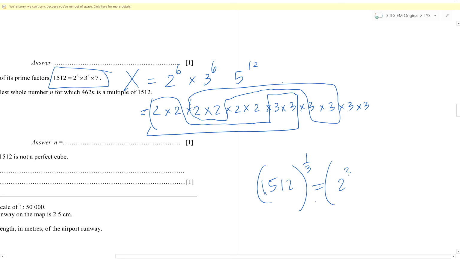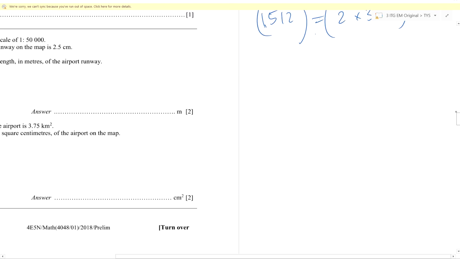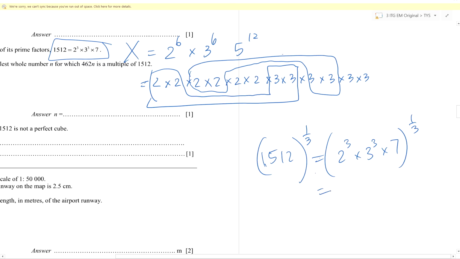This is 2 power 3 times 3 power 3 times 7, power 1 over 3. And we happily say that this will give us 2 power 1 times 3 power 1 times 7 power 1 over 3. This is the problem here, right? And this problem arose because the power of 7 is not a multiple of 3.